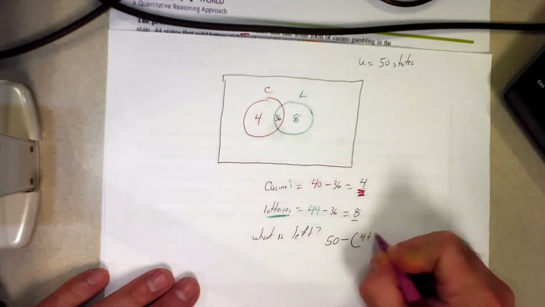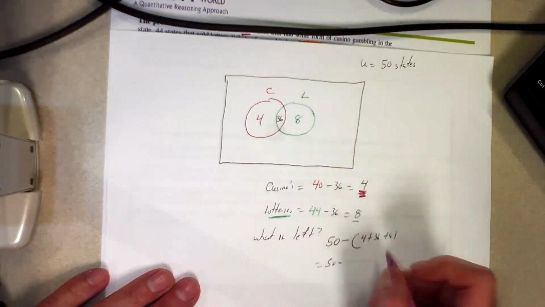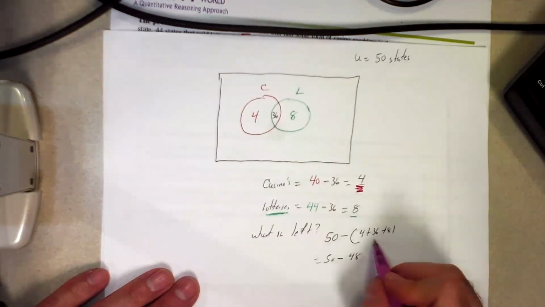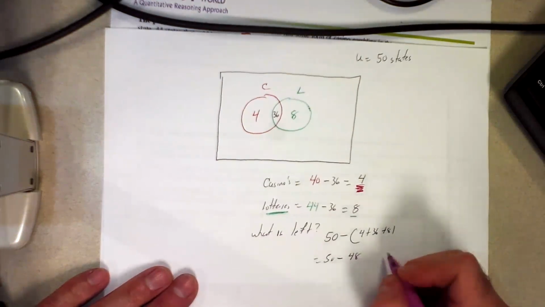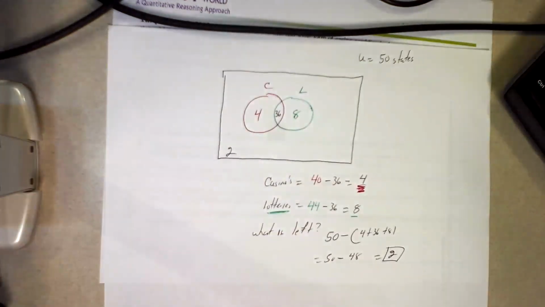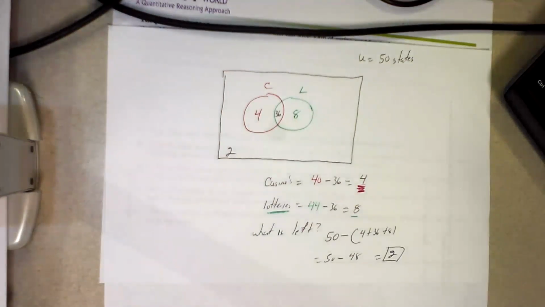So 4 plus 36 plus 8, I think that's 48. And if I do 50 minus 48, I'm left with 2. So there's 2 states that don't have any lotteries or casinos. I wonder which states that would be. Can't be Helotes, because Helotes is not a state. All right, well, let's answer those questions then.